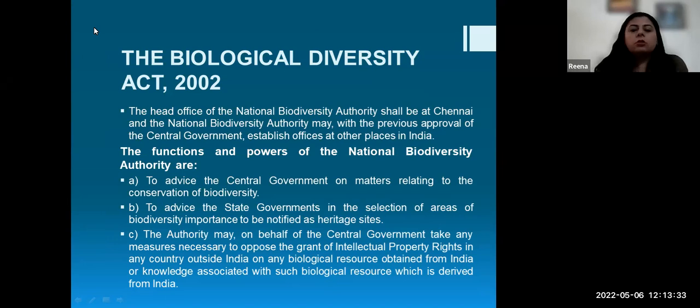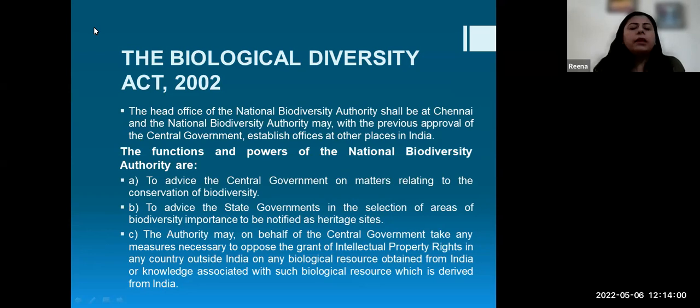Okay, so the authority may, on behalf of the central government, take measures necessary to oppose the grant of intellectual property rights, because the Biological Diversity Act also covers researchers and scientists who have identified certain rich biological resource areas in our country.